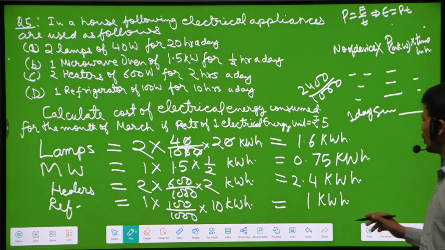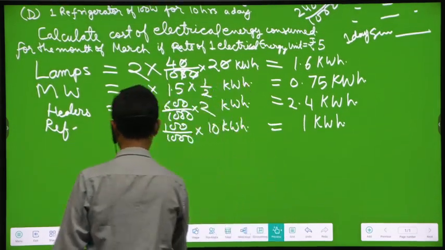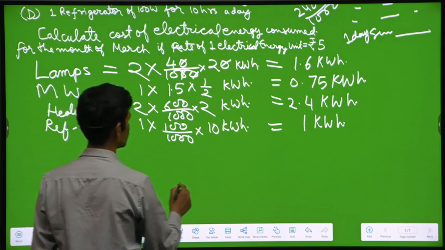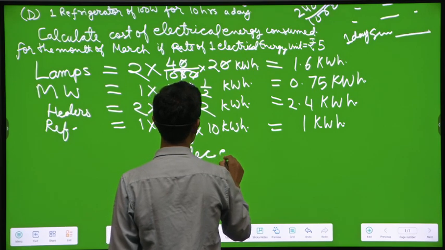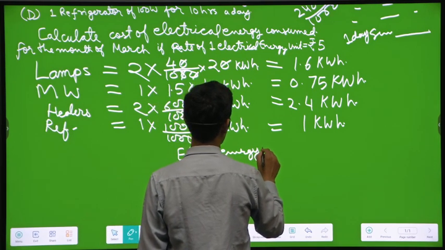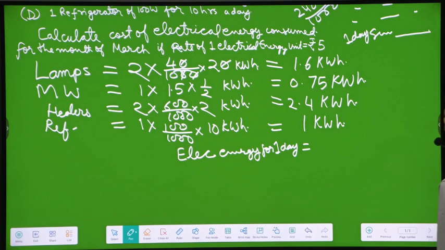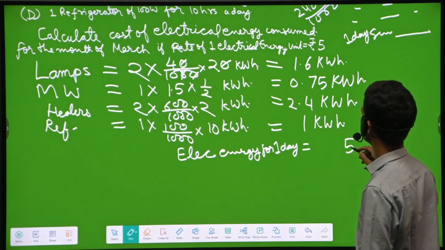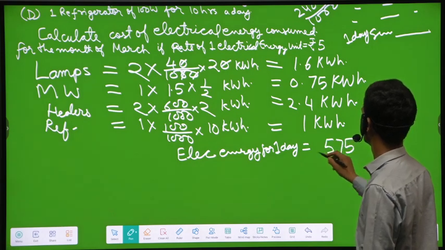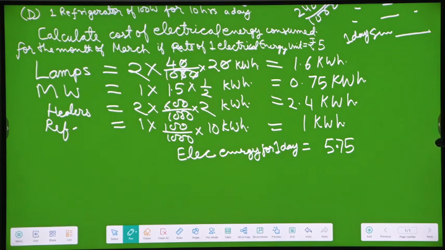Okay, adding them all, we will get for one day is equal to 5.75 kilowatt hour.